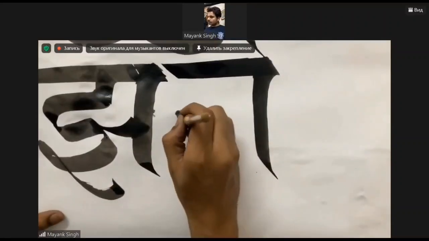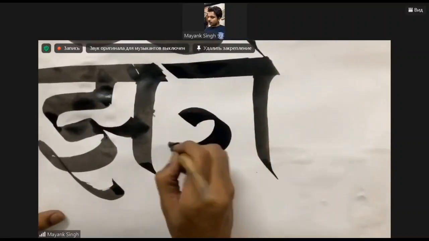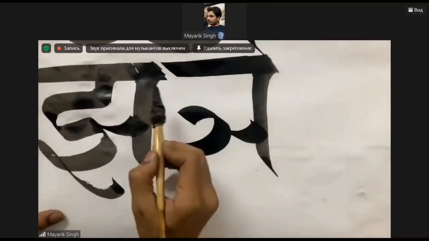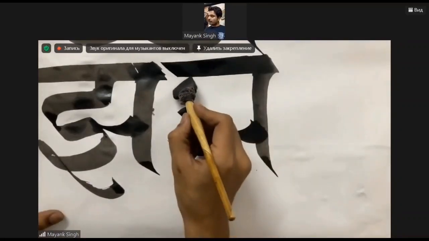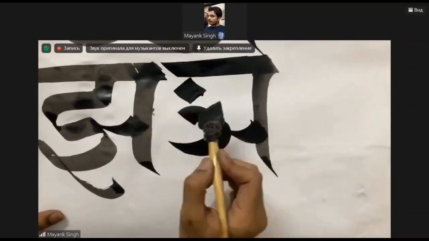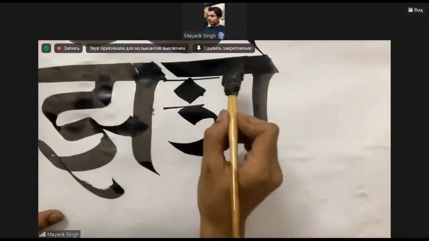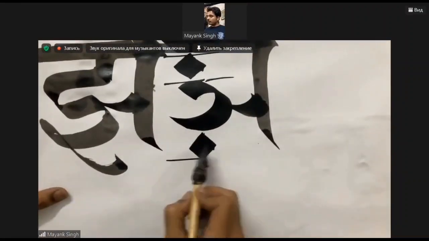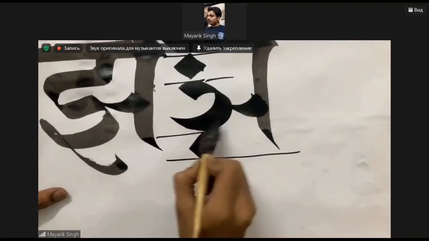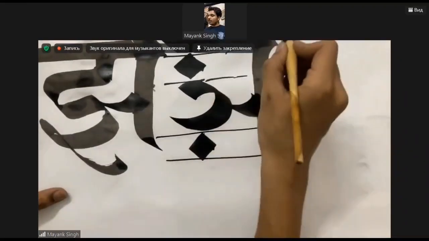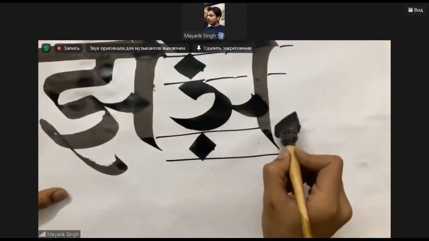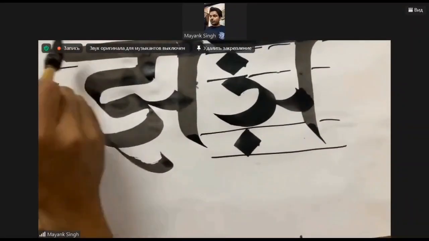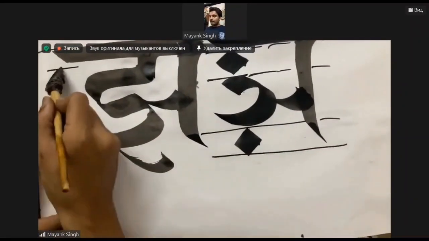Cha, cha, cha, ja, nya. You will have almost one nukta difference here and here. You see how alphabets in standalone have a certain measurement with some lines.